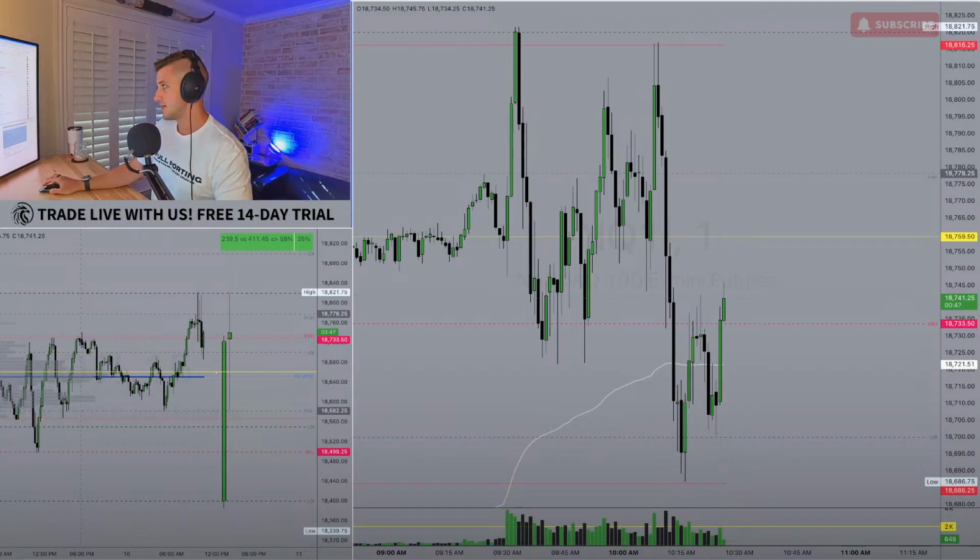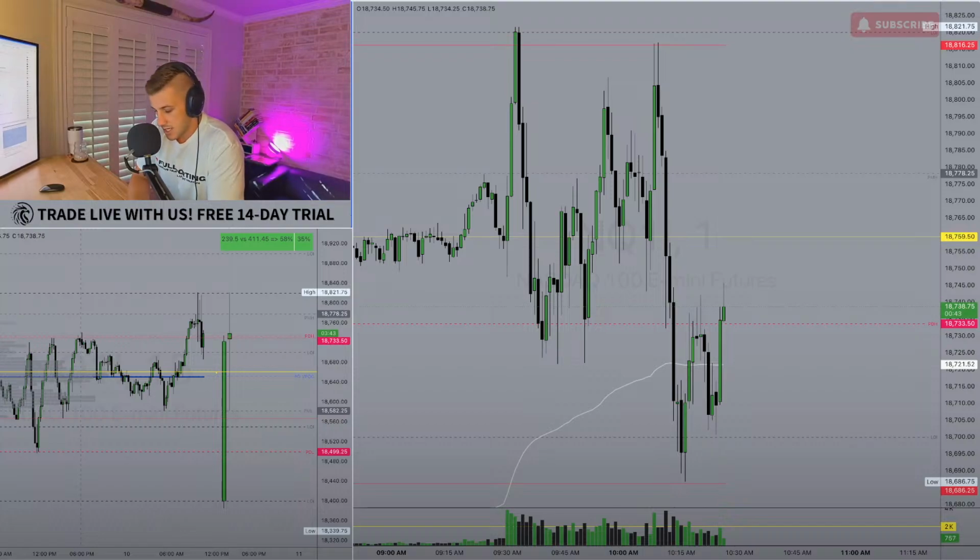And my thought is that this is now the range for the session could be set here. Essentially 700 by 820. And we would have another more neutral trading day, just a range day, right? Not a big trend day or anything like that. It's kind of the thought process currently.